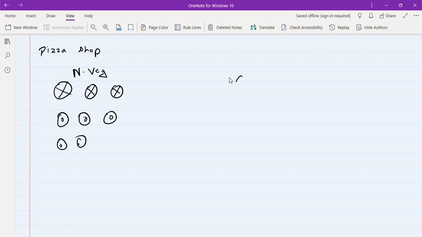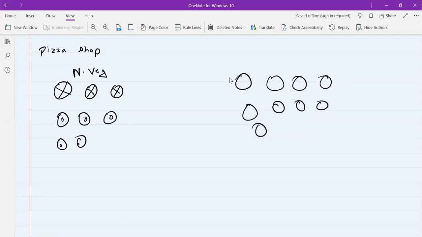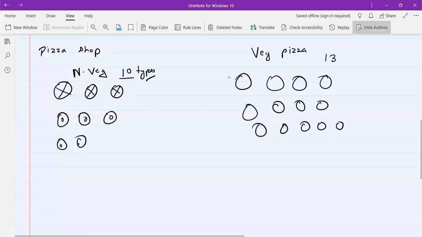Then we have another pizza. This is veg pizza. How many types? So non-veg pizzas are of 10 types, and veg pizzas are of how many types? 13 types.